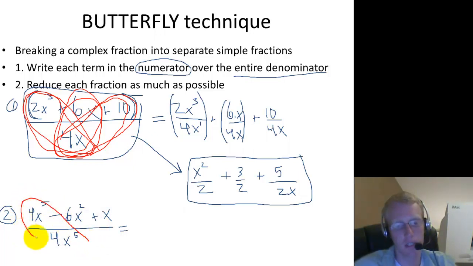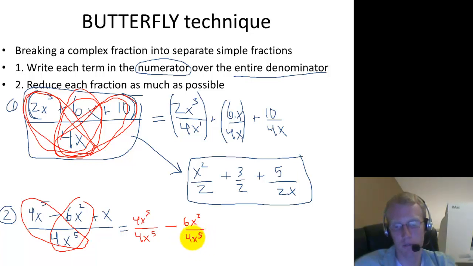I go like this. 4x to the 5th over 4x to the 5th. Let's write it down. Minus, next piece, 6x squared over 4x to the 5th plus x over 4x to the 5th.